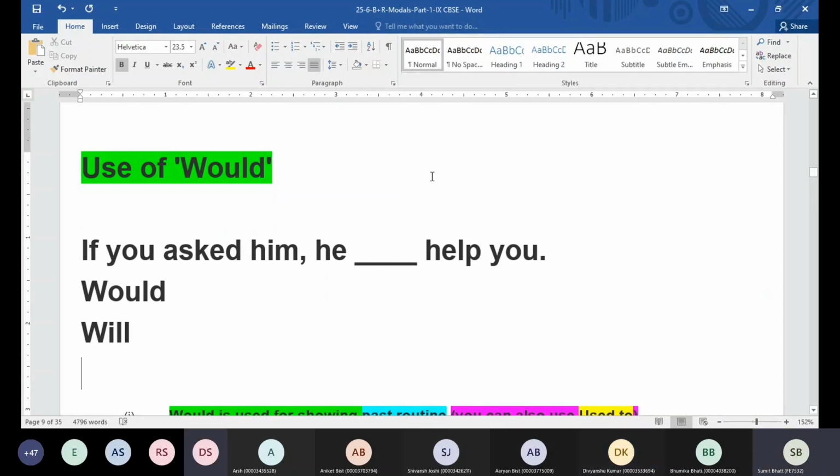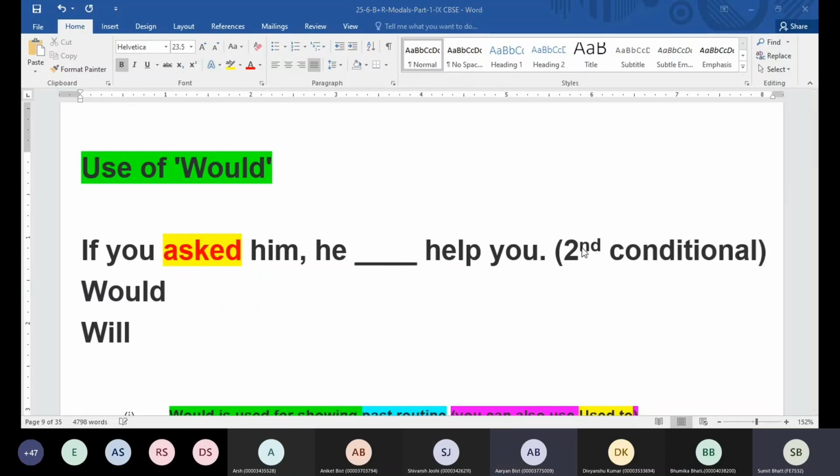Would. Why are we using would here? Because we have asked, and we are using the second conditional, right? Which condition is this? Second. So that's the reason we go for would here. We are not going to go for will. That's going to be incorrect.